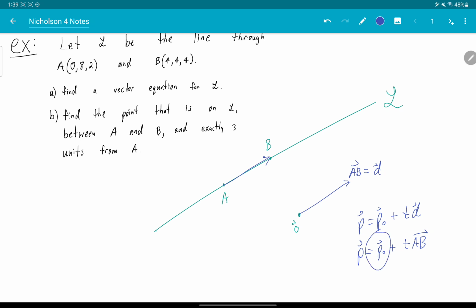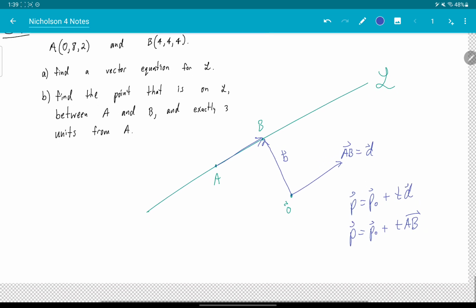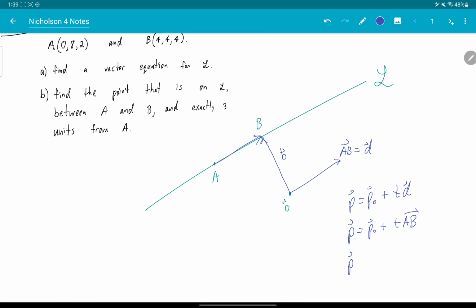P0, I just need one vector on the line. Could be any vector you want. I could use this one, or I could use this one. Those are the two obvious answers. I'll just use this one. We'll call it lowercase b. And there we have it.